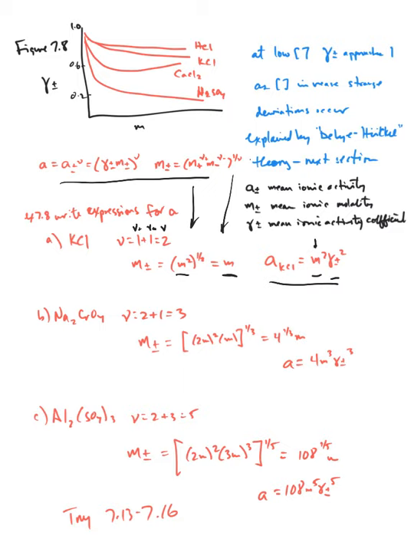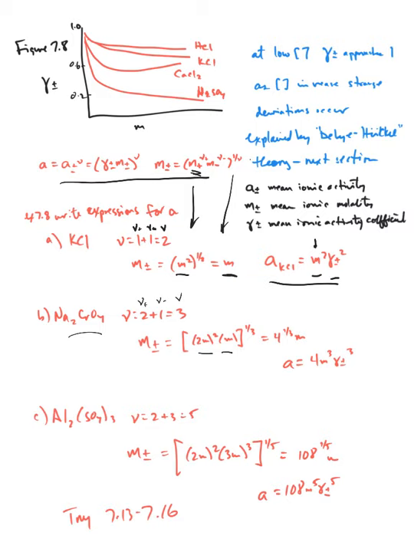So here we have sodium chromate. The V plus is a 2, the V minus is a 1, and the V is a 3. So the first term, again, I'm looking up at the top here, is the M plus term. So the molality of the sodium is going to be 2 times whatever the molality of the salt is, raised to the second power. And then the molality of the chromate is M raised to the first power, because there's only one of those.